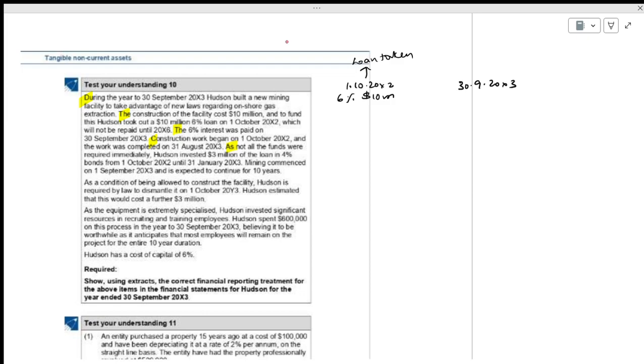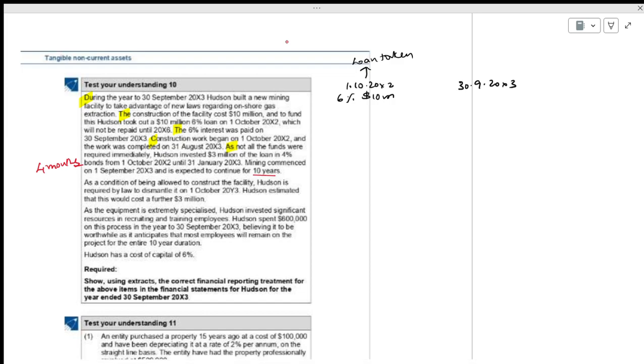What is the duration? October, November, December, January: 4 months. Mining commenced on 1st September and will continue for the next 10 years.